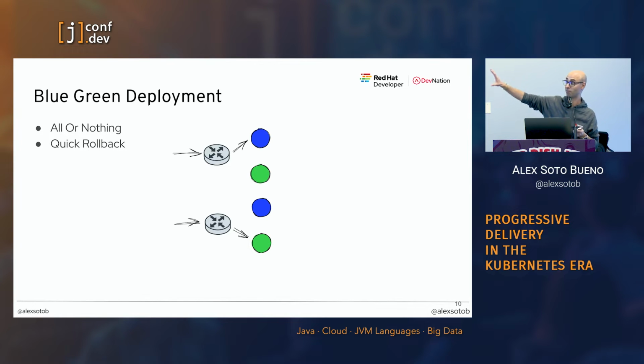Both of the versions live together. You've got the blue, then you deploy the green, then you release the green, and the blue stays in deployment state, not in releasing state because you're not sending public traffic. Why? Because if you detect an error in the green one, you can just do a quick rollback from green to blue, because both versions are still deployed. They are not removed from the cluster.